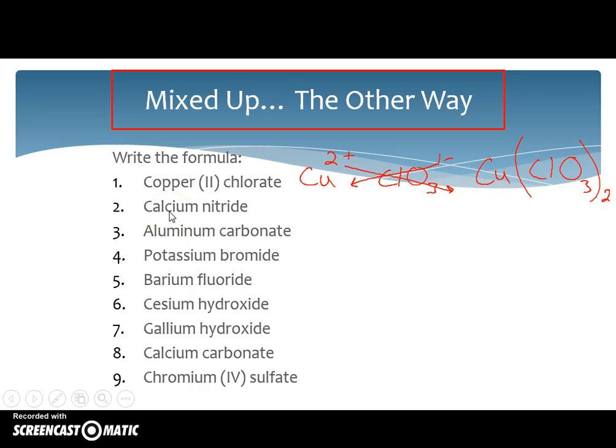The next one, calcium nitride. So write my cation, Ca, write my anion, nitride. Ends in IDE. 99% of the time that's going to come from just the periodic table. So nitride, there's no polyatomic ion called nitride, so that's just nitrogen. Write my charges. Well, these are both A group.